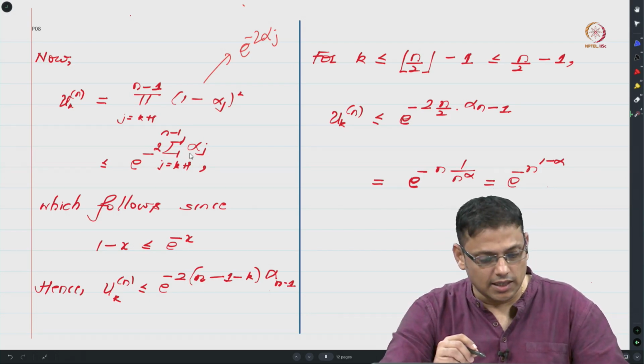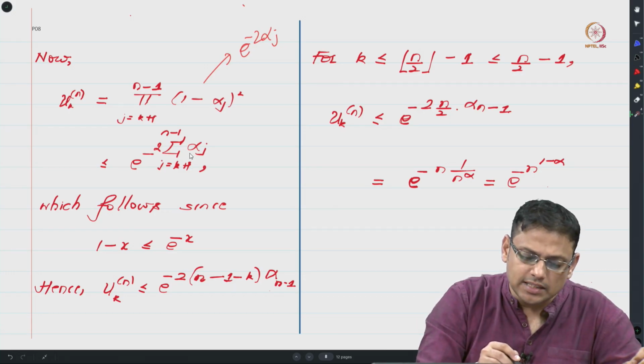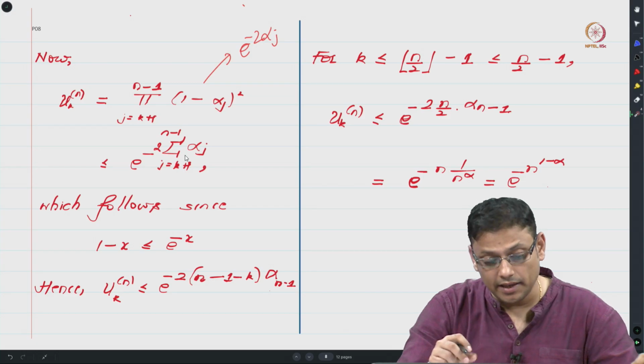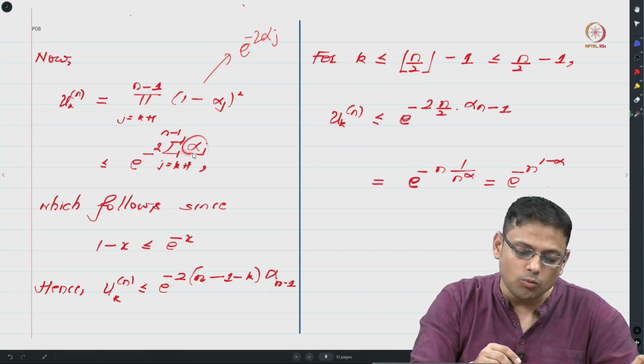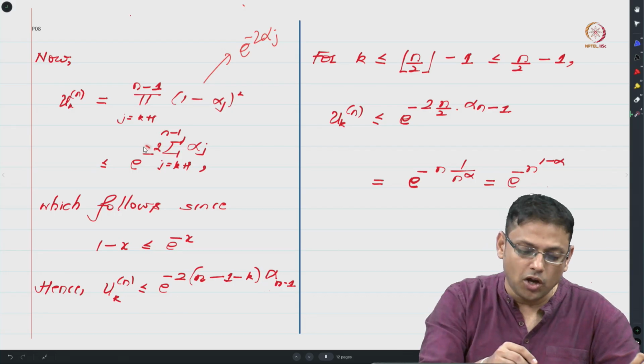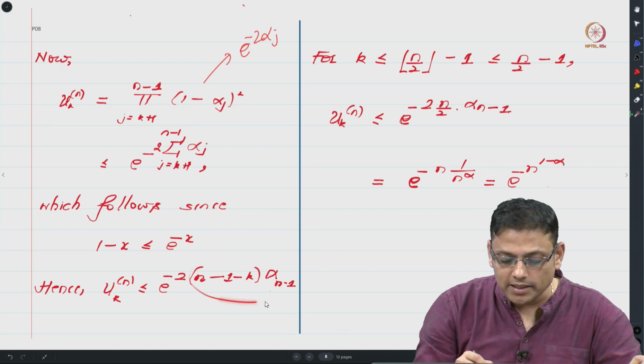Right. So this is something that is immediate to see, and then what we can see is that since your alpha j's are decaying, the smallest term over here will be the last term, which is alpha n minus 1, and because of the negative sign one can show that this quantity over here is lower bounded by this expression.